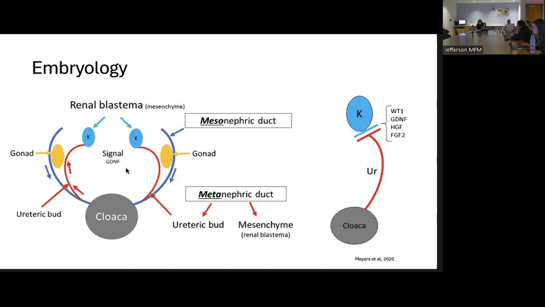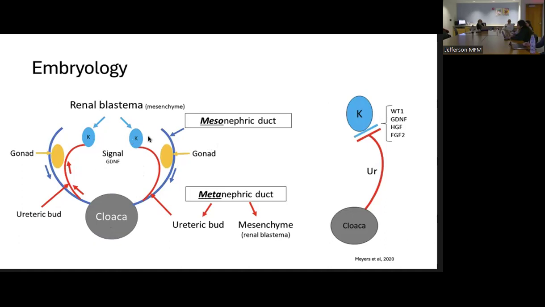This figure on the left shows that the ureteric bud, which is the red, arises from the distal mesonephric duct, which is blue, close to its origin at the cloaca, and grows cephalad to meet the renal blastema, which is labeled K up here.